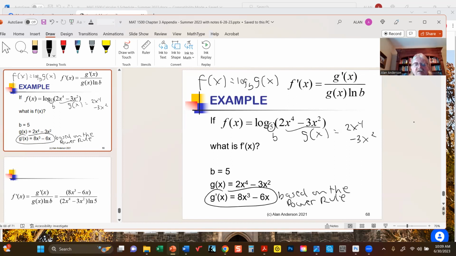So now we just have to plug everything in. G prime, here's g. And then we need here natural log of 5.